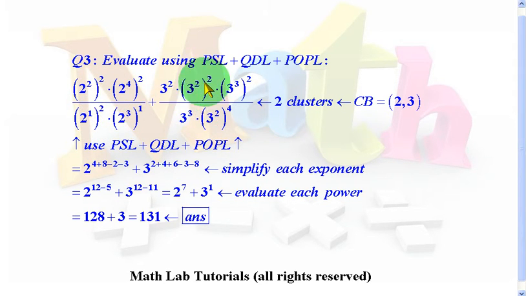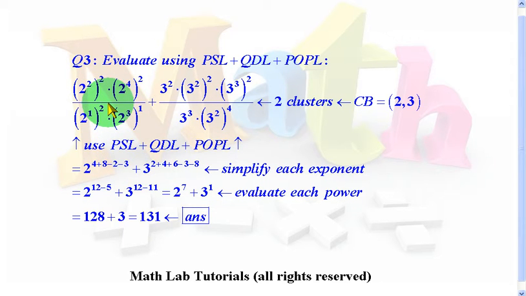We look at the right cluster, and we only see a single base, 3. So we have a base 2 cluster here, base 3 cluster here. There are no clusters with mixed bases. So again, you notice that there are 2 clusters, and the common bases are 2 and 3. And we're going to use all 3 laws concurrently or simultaneously in order to execute the problem.